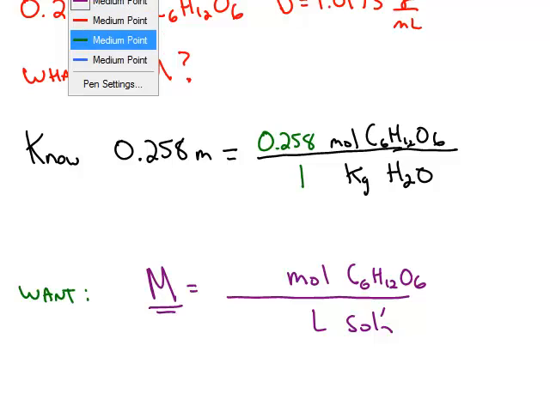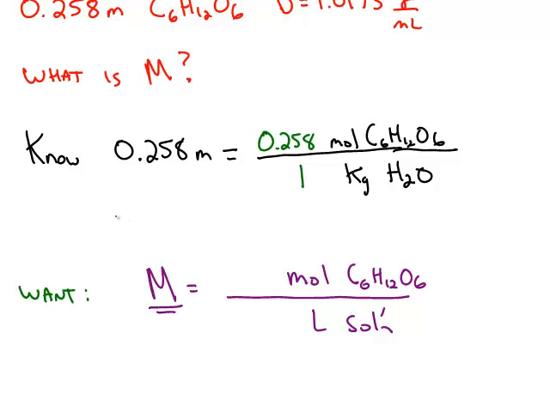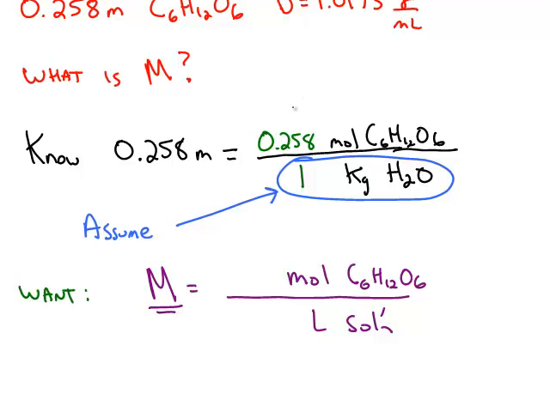The key to this technique is assume that you have whatever is in the denominator of the known fraction. So in this case, we're going to start by saying we're analyzing 1 kilogram of water. If we have exactly 1 kilogram of water to analyze, we must have 0.258 moles of glucose.